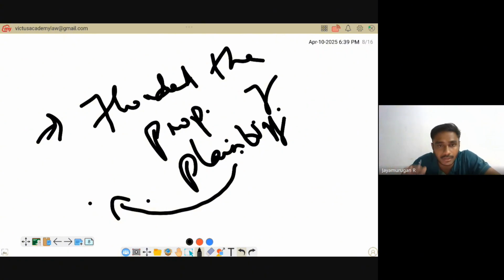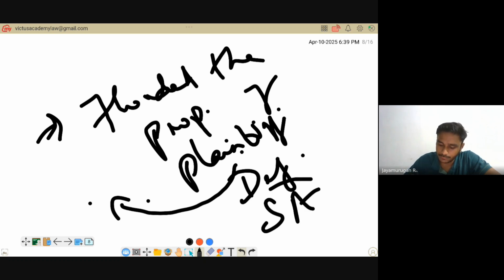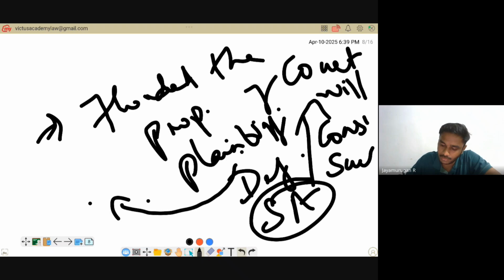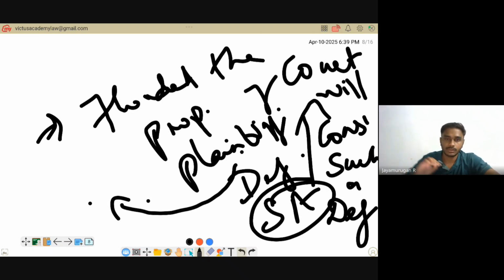He can very well raise that defense. So the defense here is statutory authority. Okay, and the court will consider such a defense.